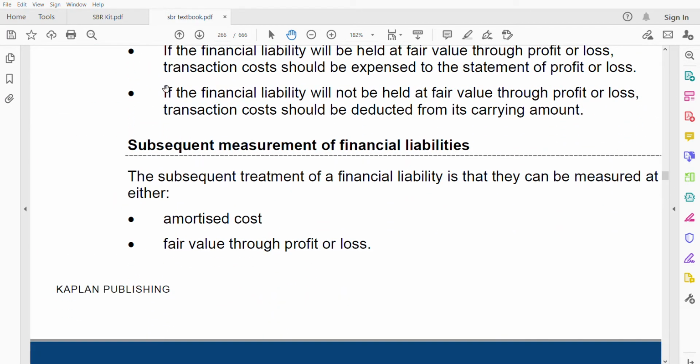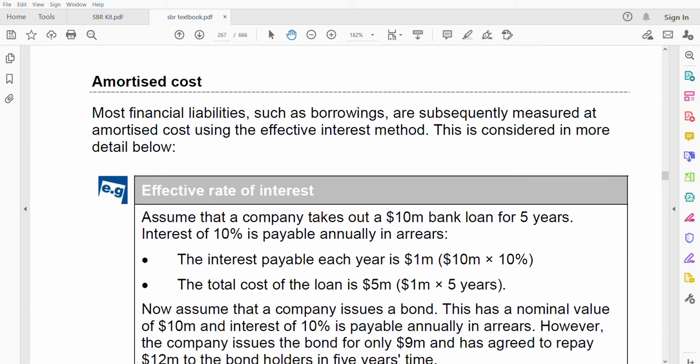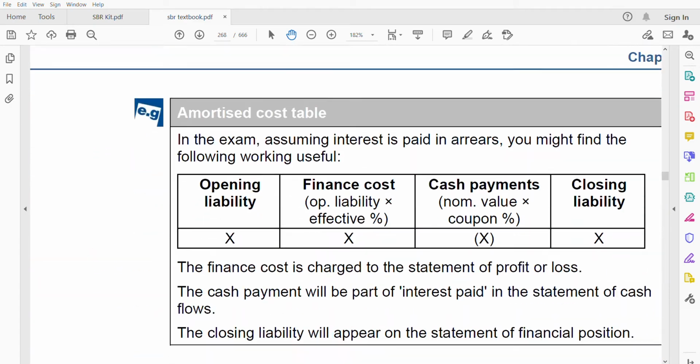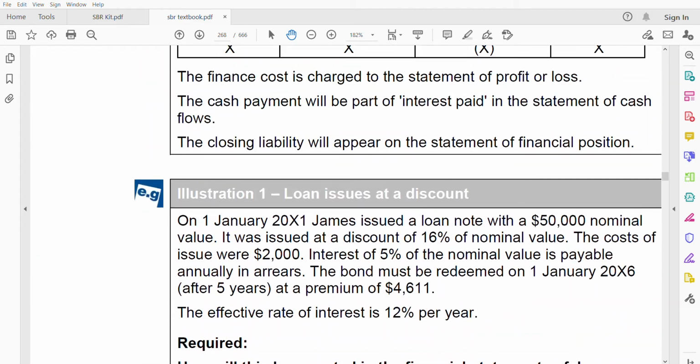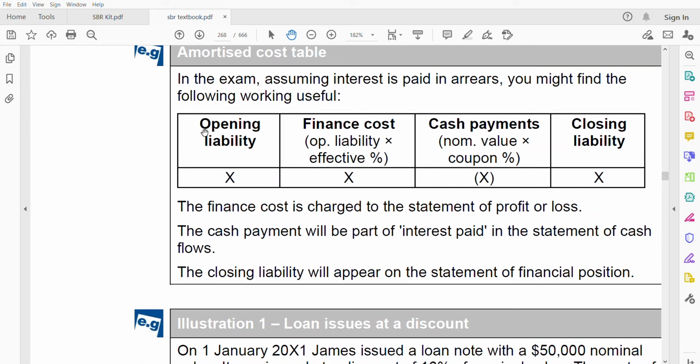So subsequent measurement, one is amortized cost, one is fair value through profit and loss. So we did this table to understand amortized cost, right? So exactly this table we are following today also in this question.